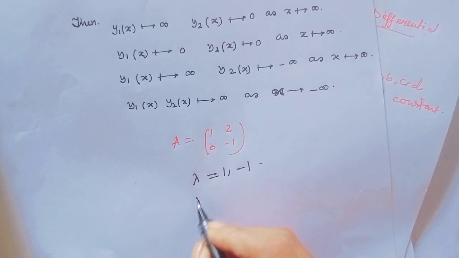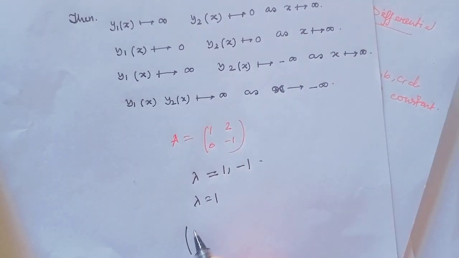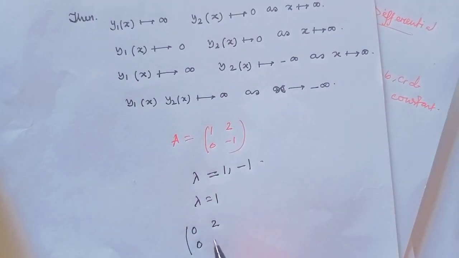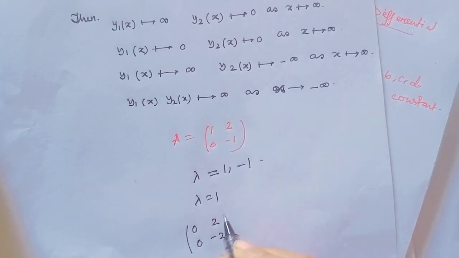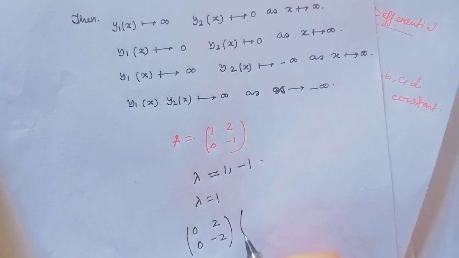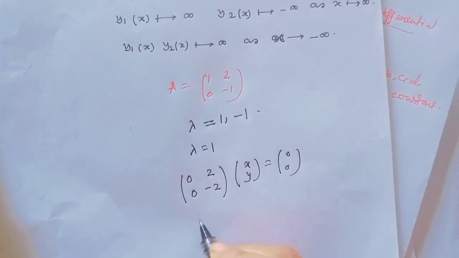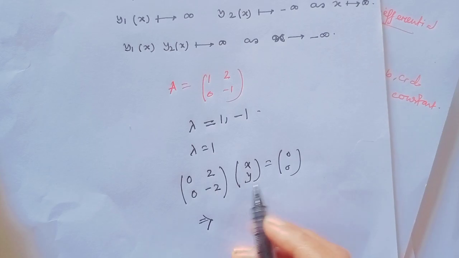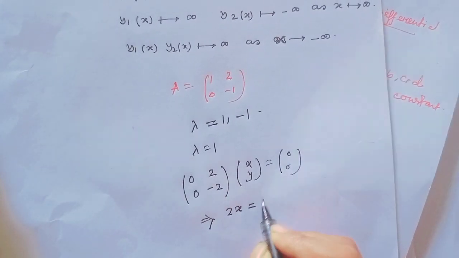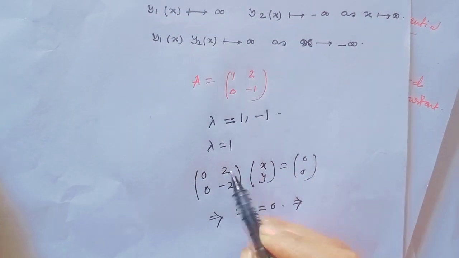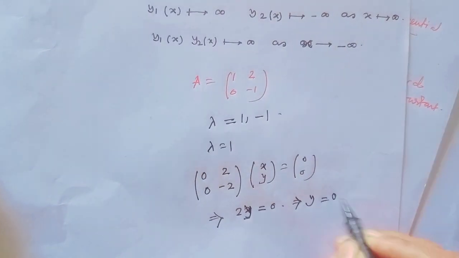For lambda equal to 1, the matrix is 0, 2, 0, minus 2, times (x, y) equal to (0, 0). That implies 2y equal to 0, so y equal to 0.